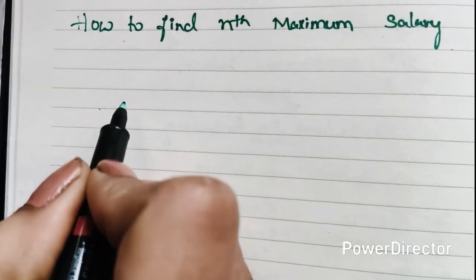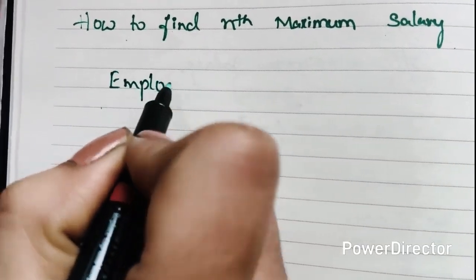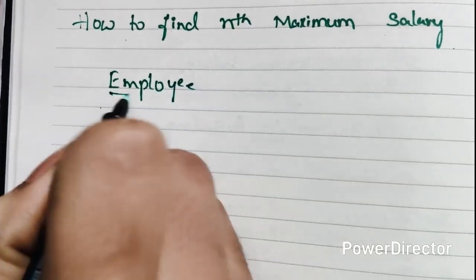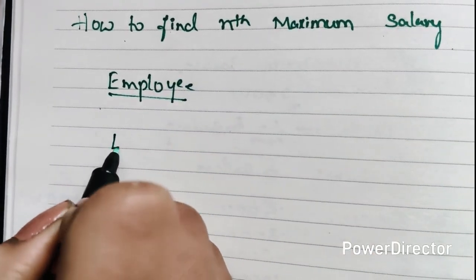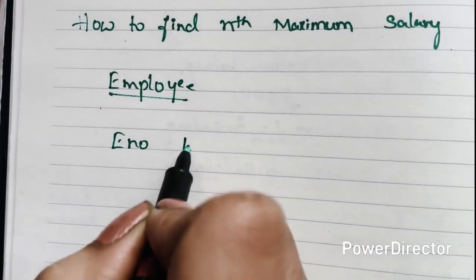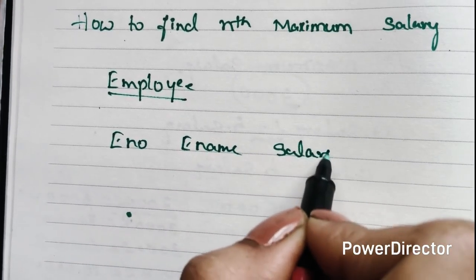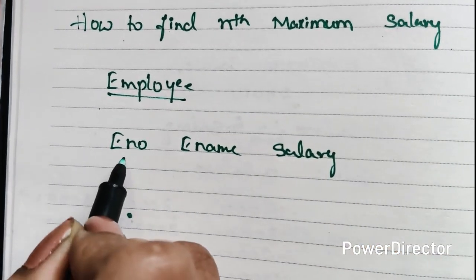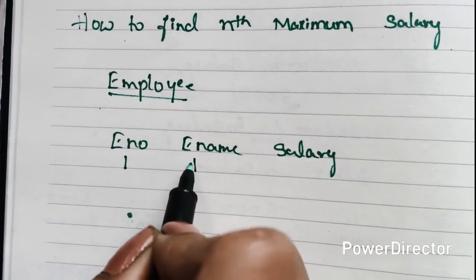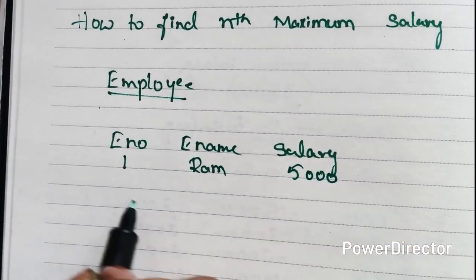Consider one table. Table name is employee. In this table, I'm writing the attributes employee number, employee name, and salary. I will be inserting the values. Employee number 1, whose name is Ram, whose salary is 5,000.